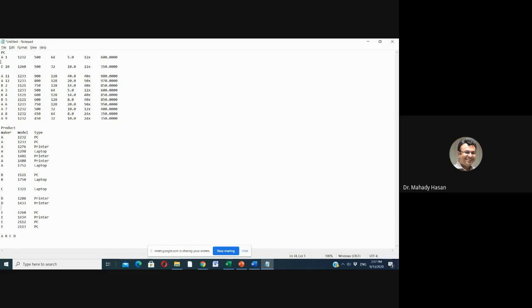D is also producing no PC, so that's why D is there. E is producing PCs, these two PCs, 2112, 2113. These models are not here, right? So that's the reason why E has been removed. Can we say that?